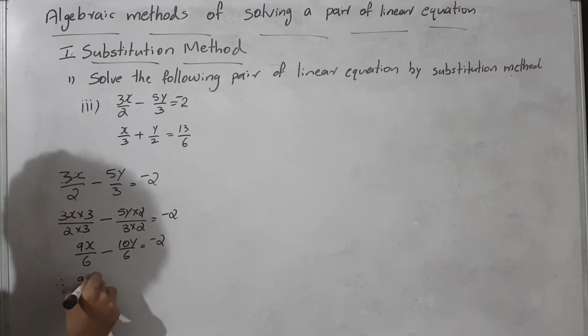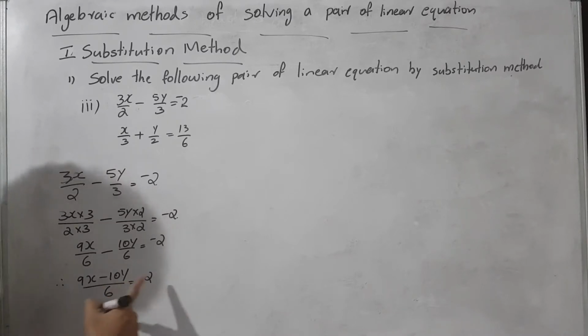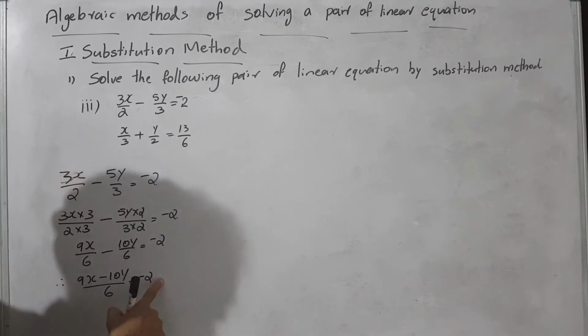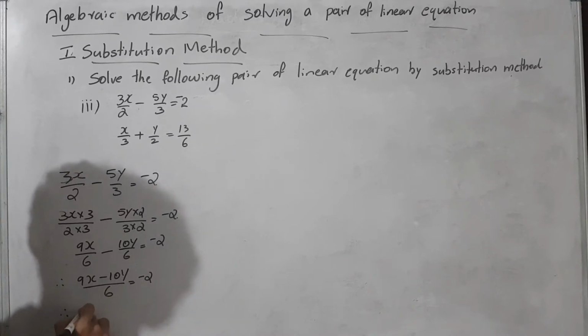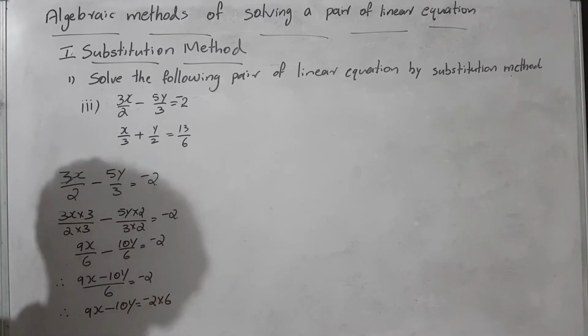Therefore, 9x minus 10y by 6 is equal to minus 2. Correct? Then how next? We transpose 6 to the side of minus 2. Then what do we get? Therefore, 9x minus 10y is equal to minus 2 into 6.